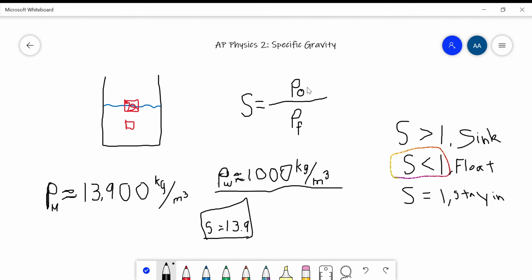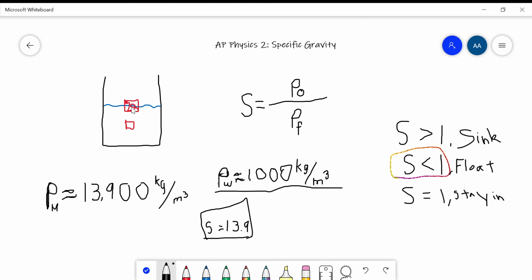So if you put that in, you have 1,000 over 13,900, which is 1 over 13.9, or 10 over 139. They're both equal, and they're both less than 1. That means this object will float in water.